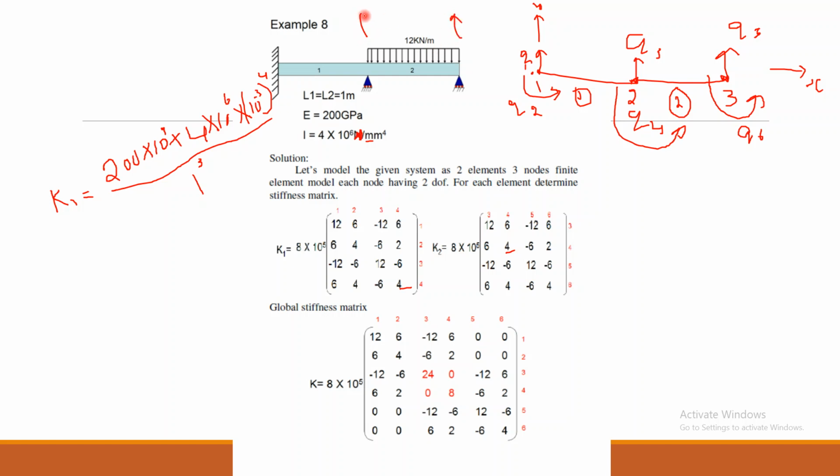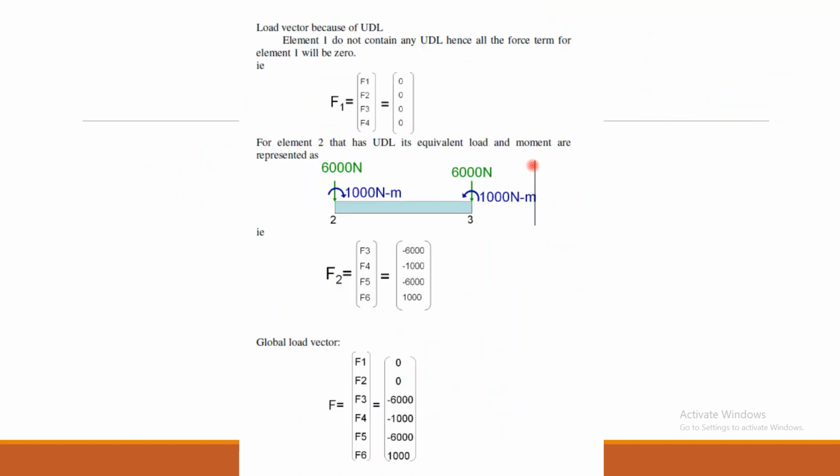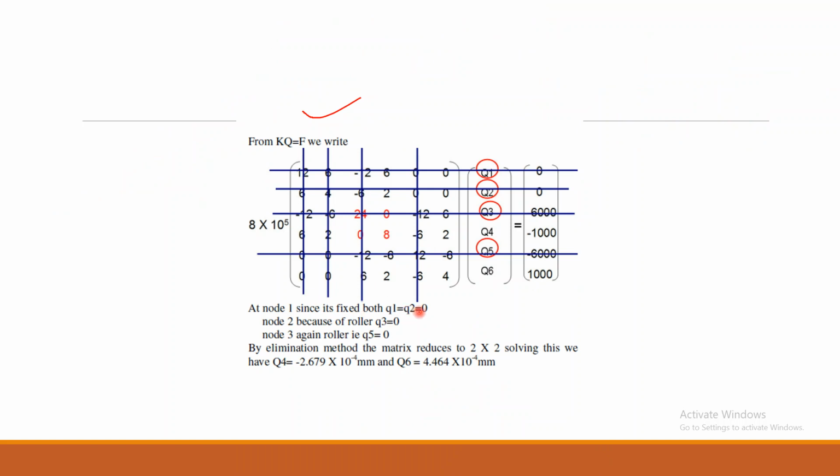Okay, so at each node 2 and 3, since it is having the roller support, it is unable to move in the upward directions, that is Q3 and Q5 equal to 0. So the only thing that is left is Q4 and Q6. Okay, so Q1, Q2 equal to 0 at node 1, Q3 equal to 0 at node 2, Q5 equal to 0 at node 3.